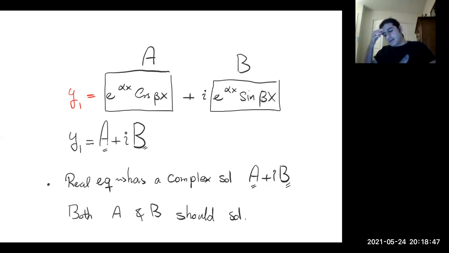So going back here, this is one solution. This would be the other solution. Here we have a linear equation, and these two parts both should satisfy that. So here we have e to the alpha x cosine of beta x, and this is the real part, and the imaginary part was this one.